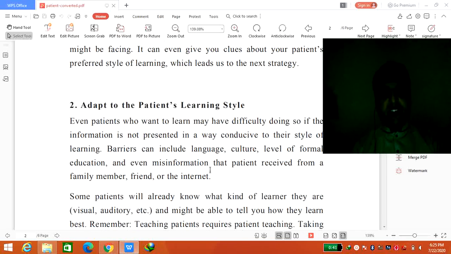The next thing that is very important is to adapt to the patient's learning style.